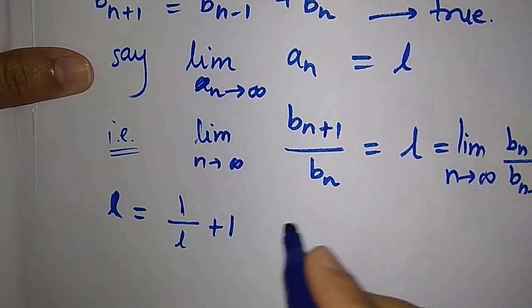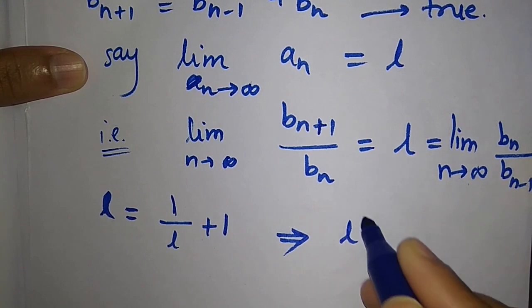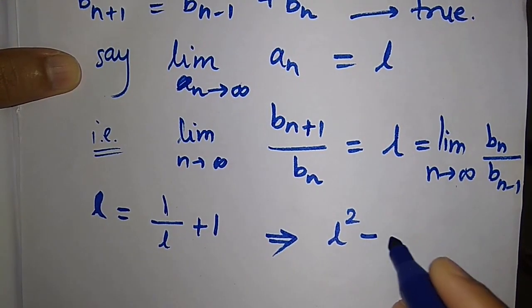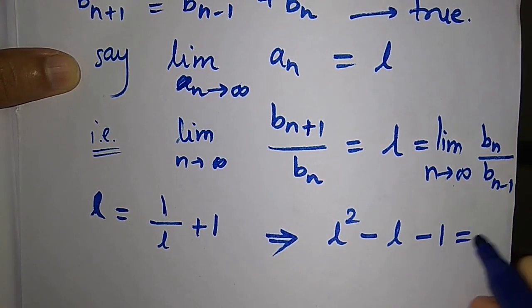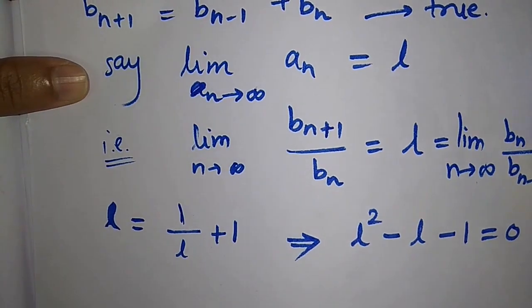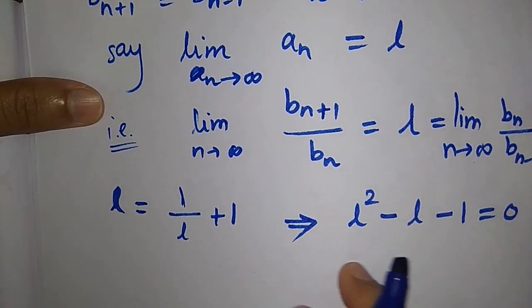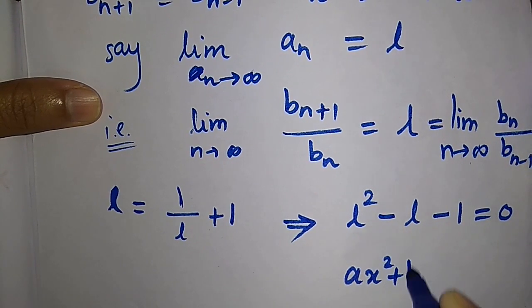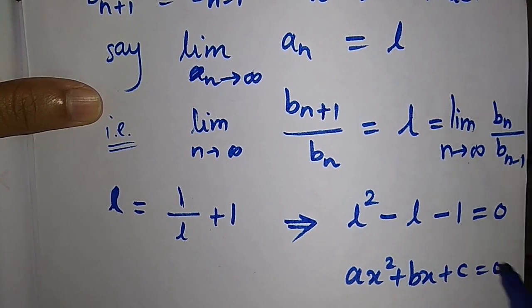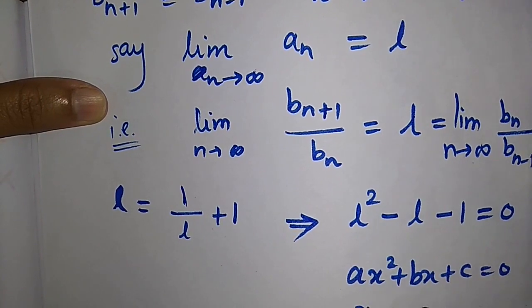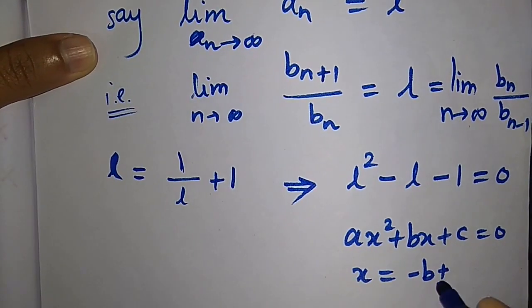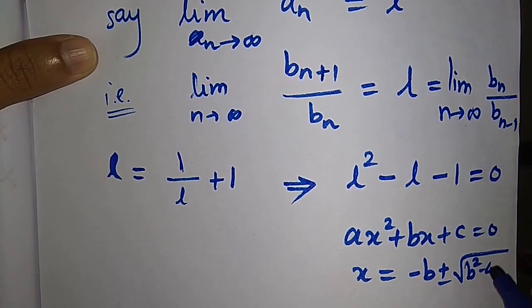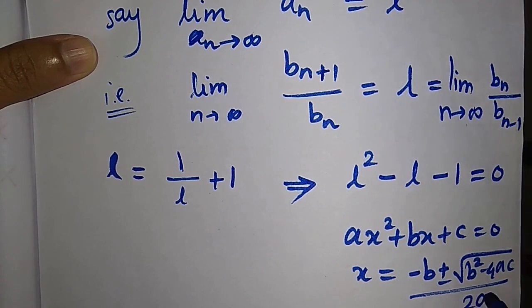Now just solve it for L, so we will get L square minus L minus 1 equal to 0. Now just solve this using this. Suppose we have ax square plus bx plus c equal to 0, then the roots are given by minus b plus minus root b square minus 4ac divided by 2a.